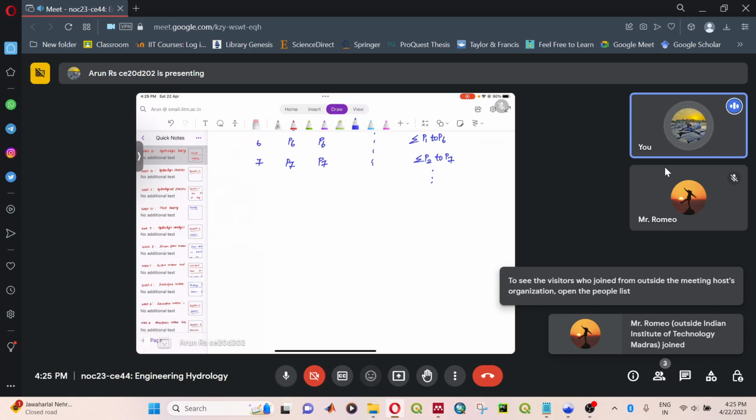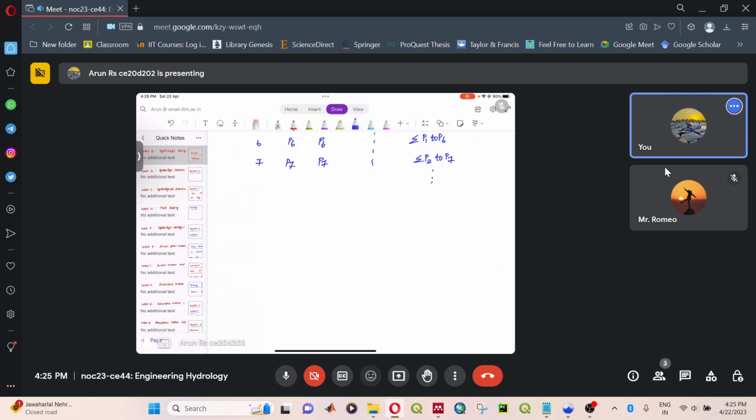So here we'll prepare the running totals for each of the durations, and we'll find out the maximum value. So for each duration, we will find out the maximum running total.